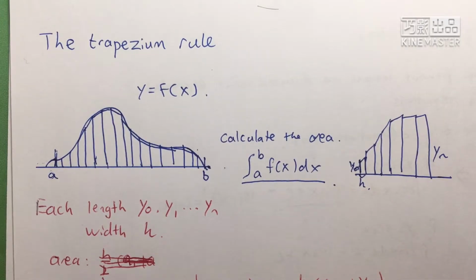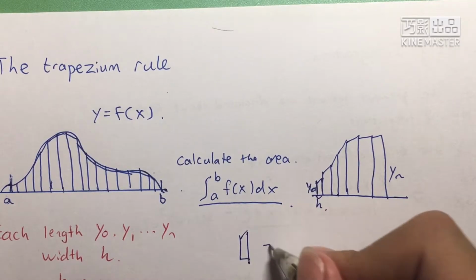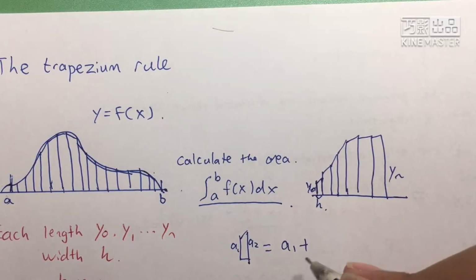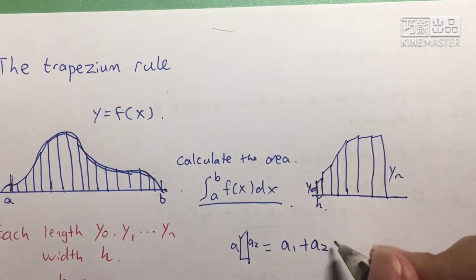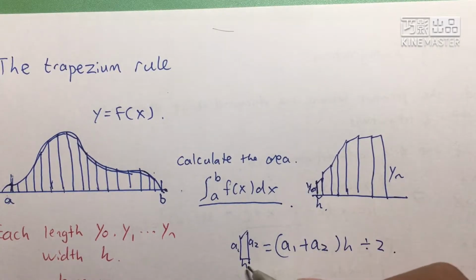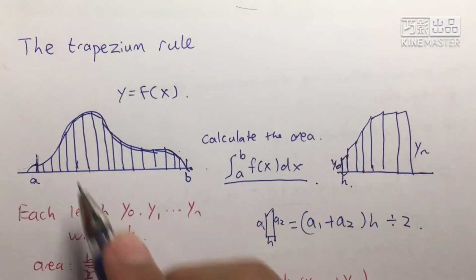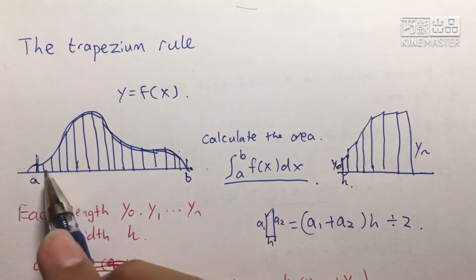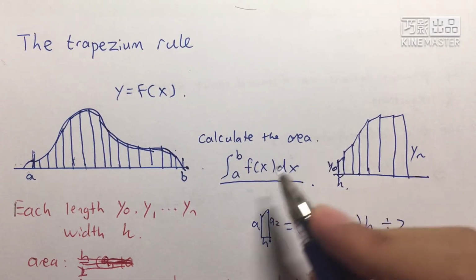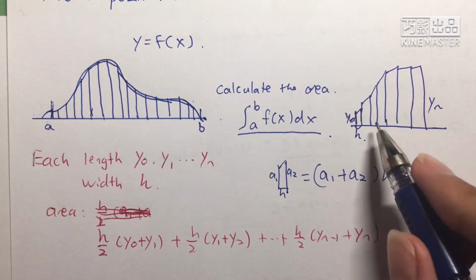Then how do we calculate the area? We know that the trapezium area is equal to the sum of the two bases, a1 plus a2, times h divided by 2. So this is the area of one trapezium. To calculate the area of the curve, we change it into all of those trapeziums and add their areas.